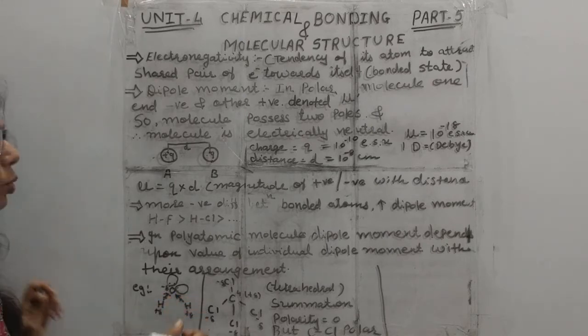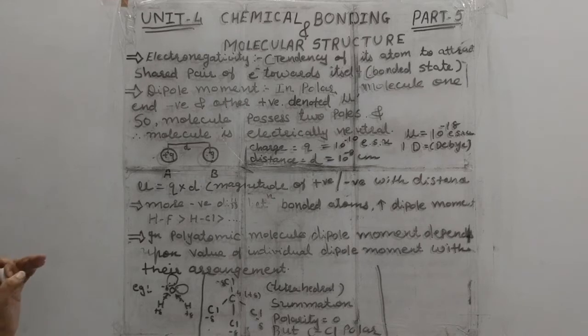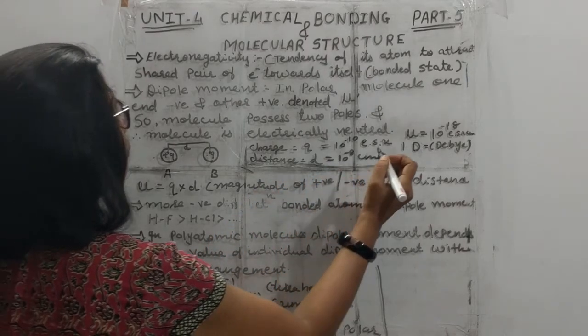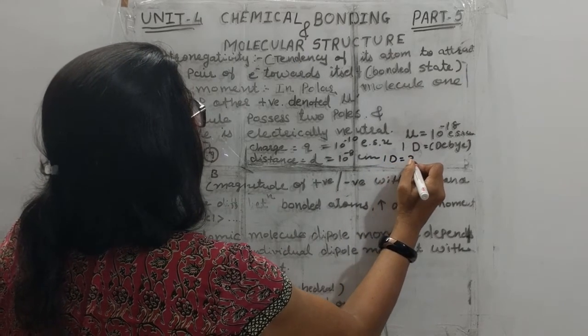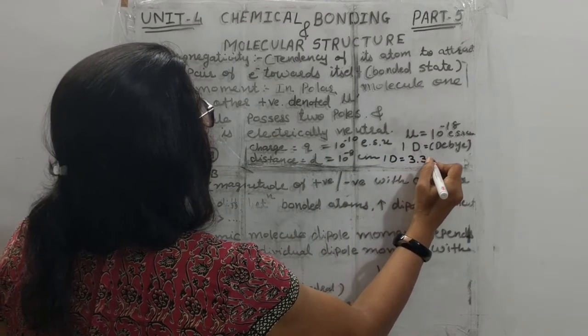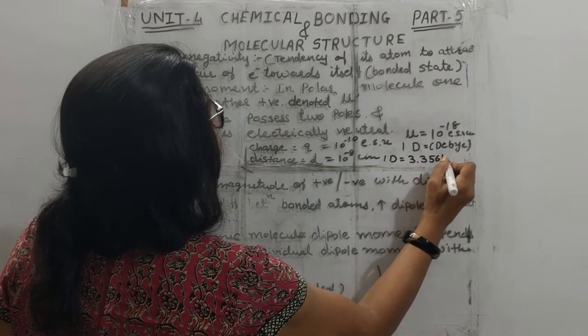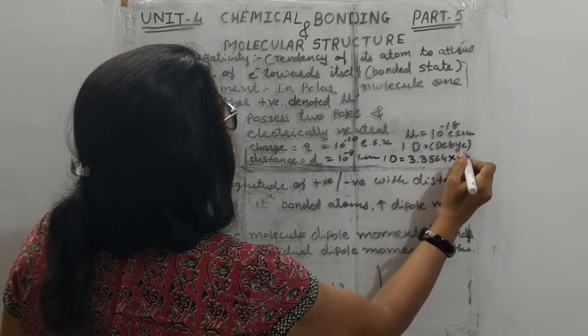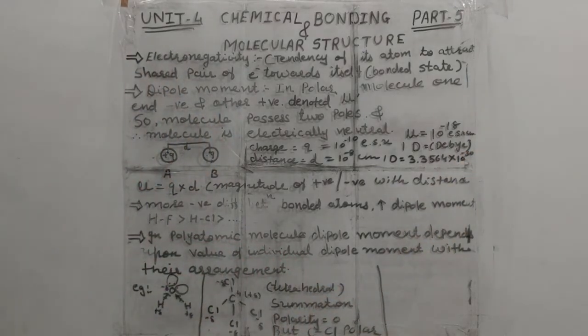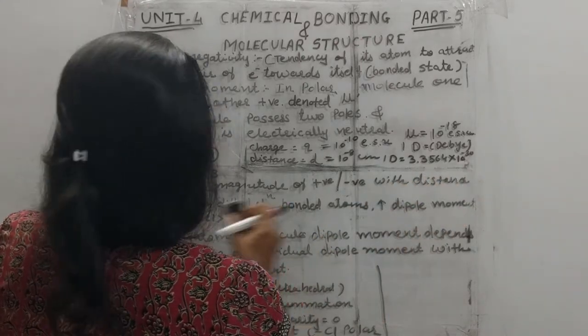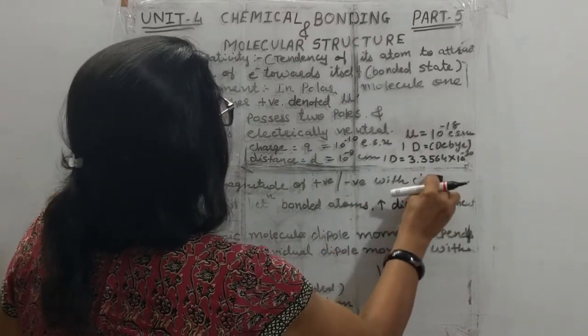And if we want to identify the value of 1 D, so 1 D is equal to 3.3564 into 10 raised to minus 30, and here again the unit is centimeter.